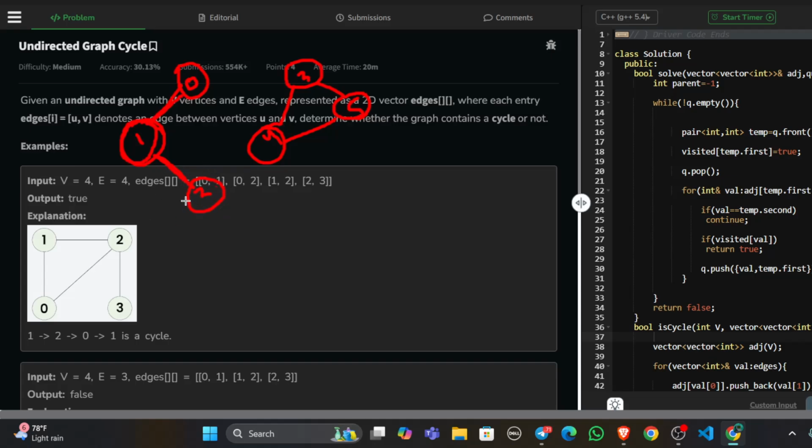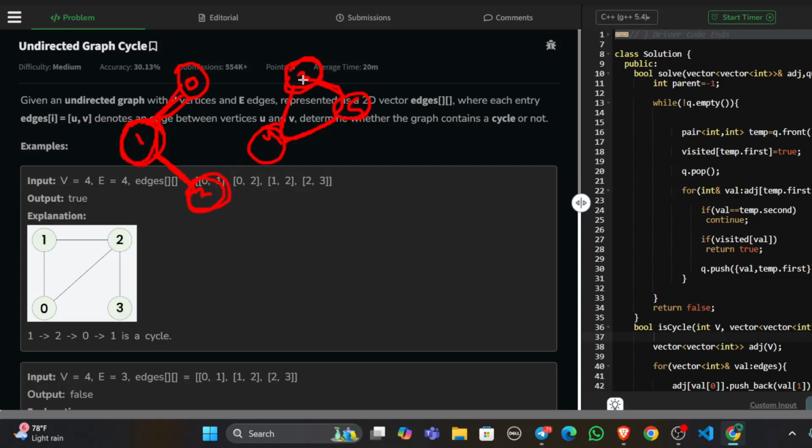When we start with two, we check the mark, because it was marked by zero. Then we check three: three is not marked, then we run the DFS. If you run the DFS, you simply get a cycle.